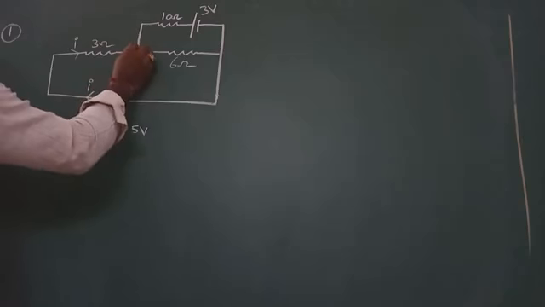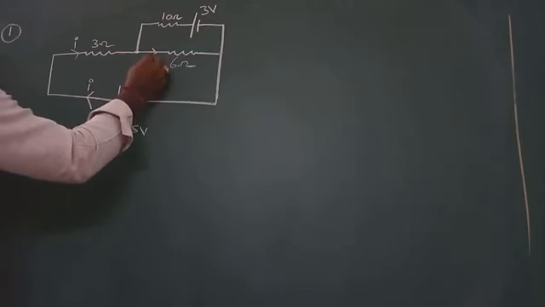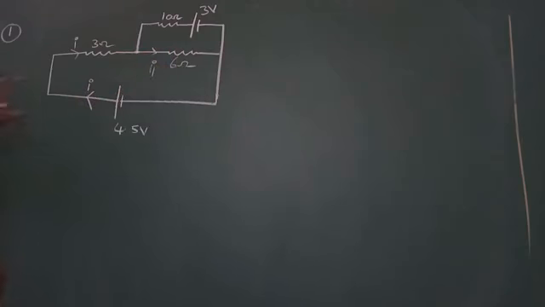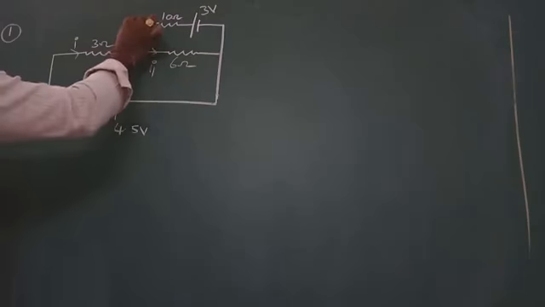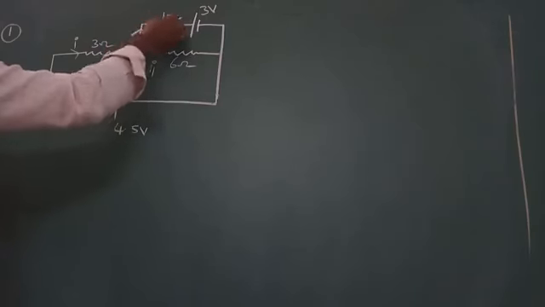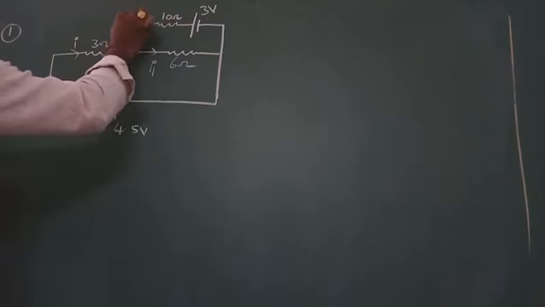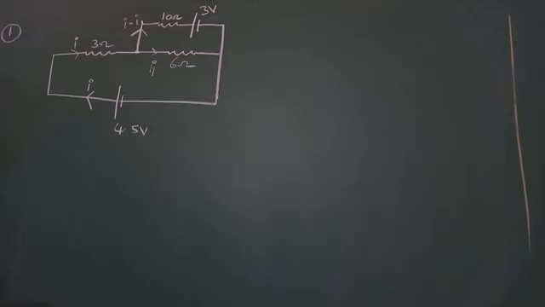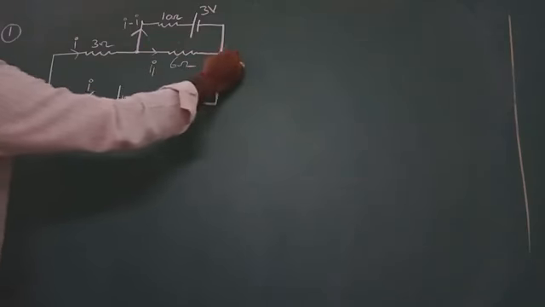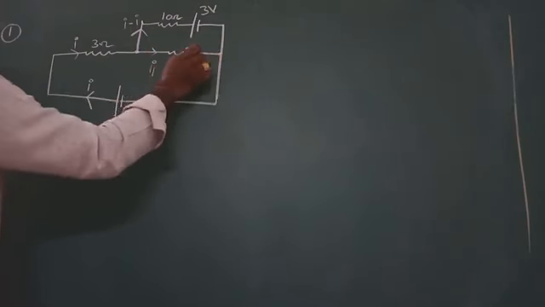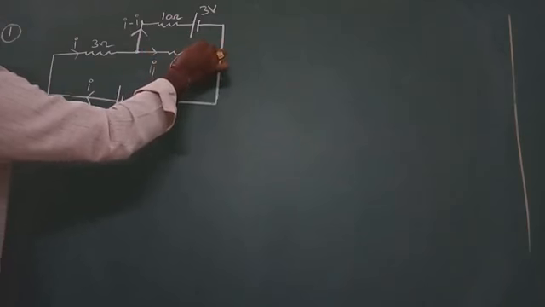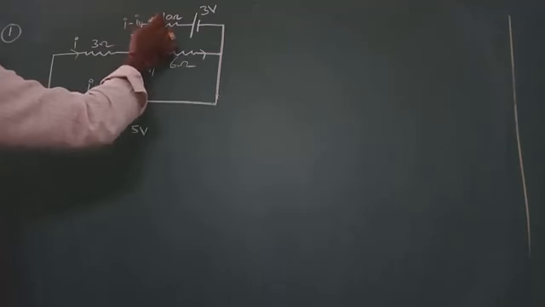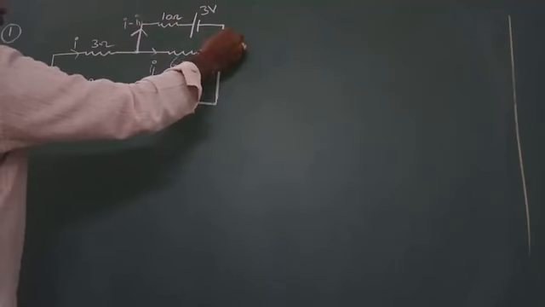At this junction, the current divides: the current through the 6 ohms resistor is I1, and the current through this 10 ohms resistor is I minus I1. Again at this junction, I1 is coming through the 6 ohms resistor, and I minus I1 is coming through this 10 ohms resistor.